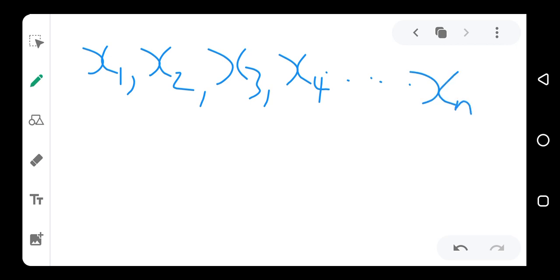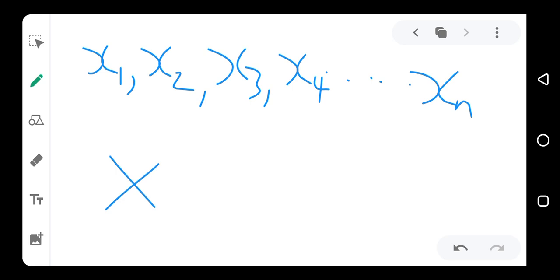Let's call it xn. This is an algebraic representation of the values. We can use a formula to get the value of the mean if the data set given to us is large.